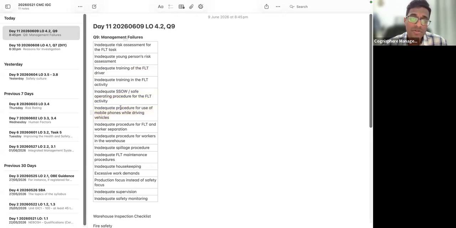So these are the key points here: risk assessments, training, SSOW or procedure. See again, you see procedure. So the focus shifts to the policies and procedures and records.